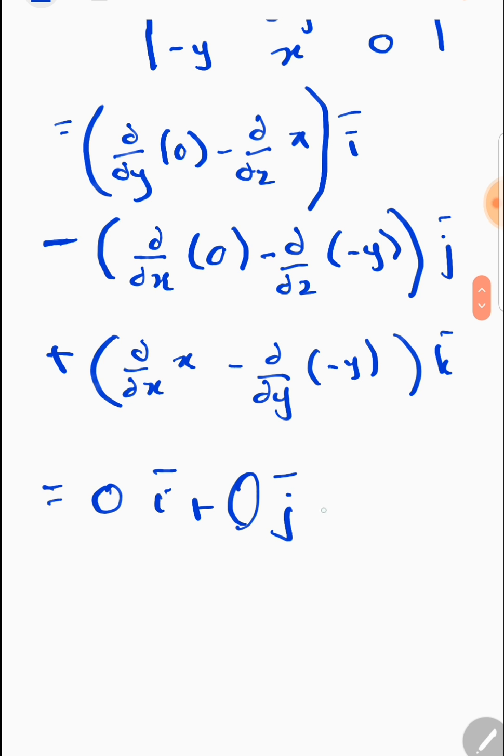For the last part here, d over dx of x, if you perform a partial derivative of x, it gives us 1. And this one, the partial derivative of negative y with respect to y, will give us negative 1.